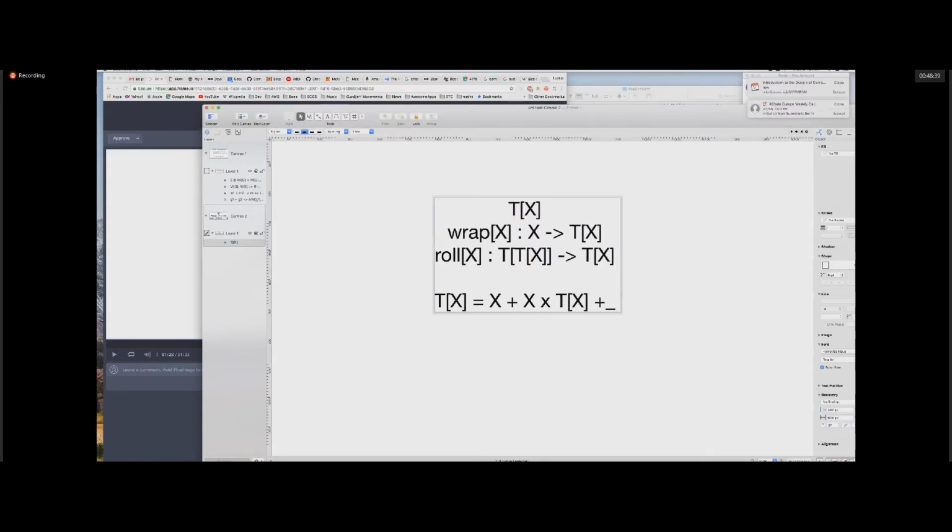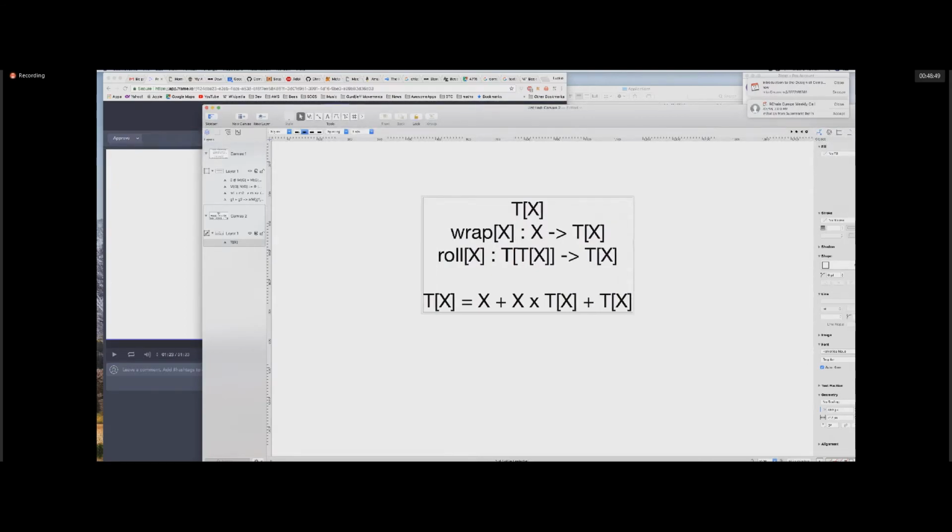Or you can have an application. So this would be T of X cross T of X. So there's our domain equation, right? And this is just like a type, and we talked about that in the beginning of these courses.